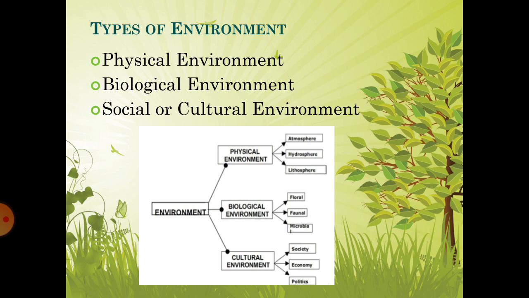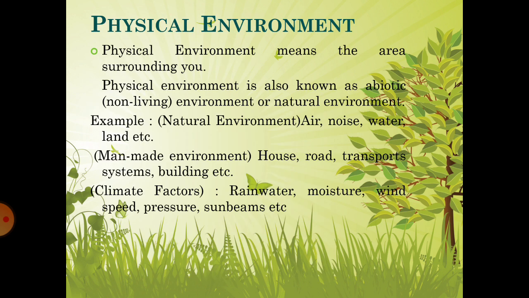Types of environment. There are three types of environment. One is physical environment, second one is biological environment, and third one is social or cultural environment. Number one, physical environment. It means the area surrounding you. It's also known as abiotic, that means non-living environment.